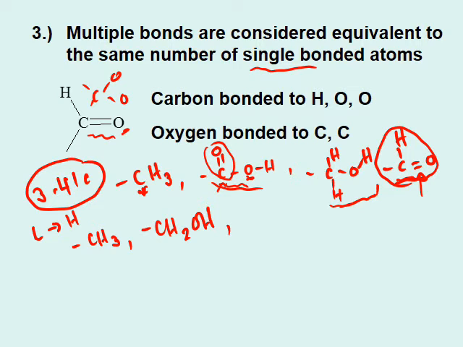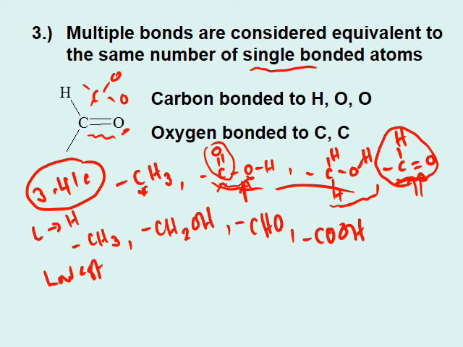So this has 2 CO bonds and this one has 3 CO bonds. So obviously this would have higher priority than this. So my next priority level would be CHO, and the highest priority group is going to be COOH. So keep in mind this is lowest, I should specify this so that you don't get confused, and this is highest priority.